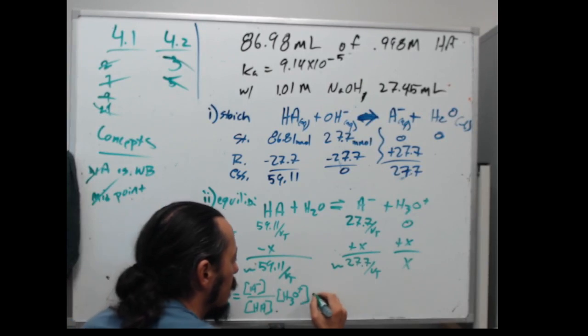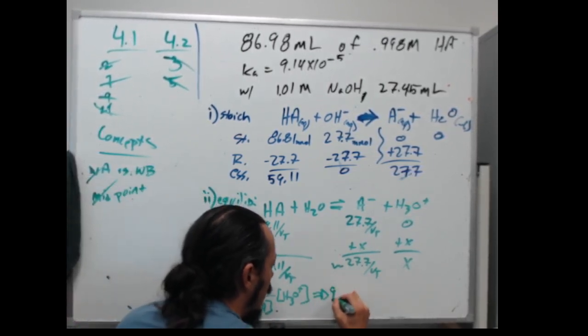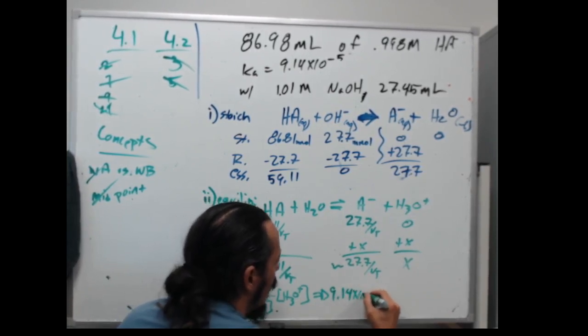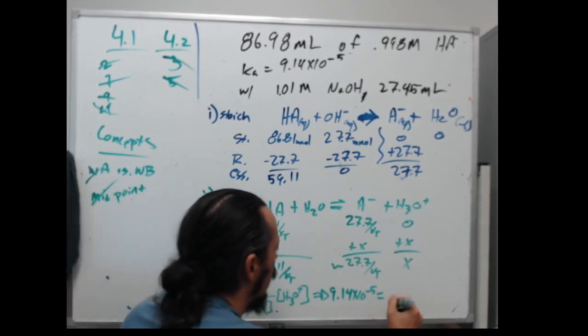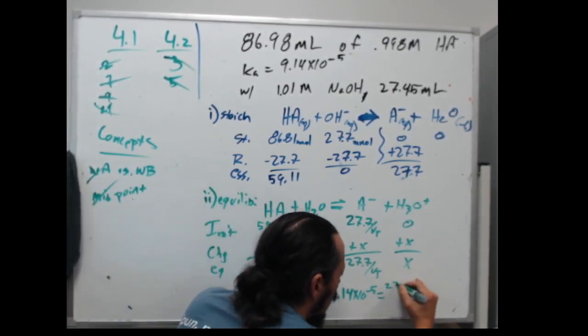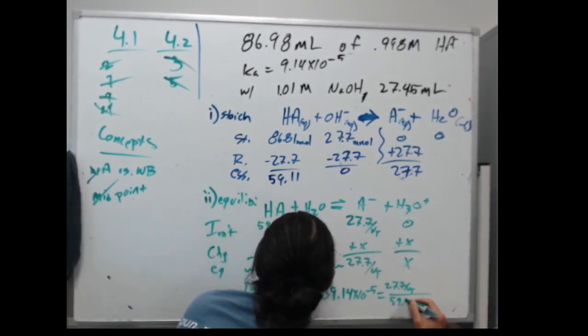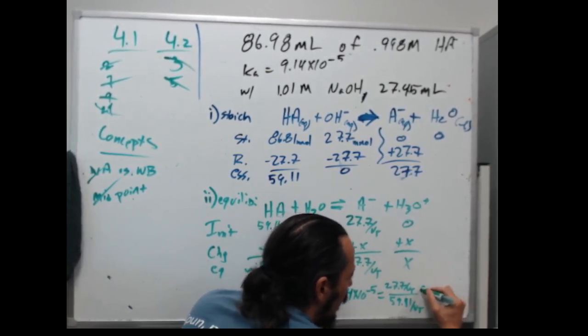That will get me 9.14 times 10 to the minus 5 is equal to 27.7 divided by volume total, divided by 59.11 divided by volume total. And those volumes just cancel out.